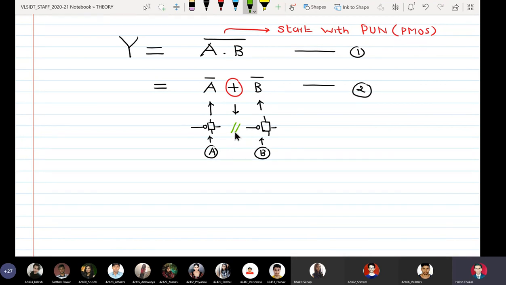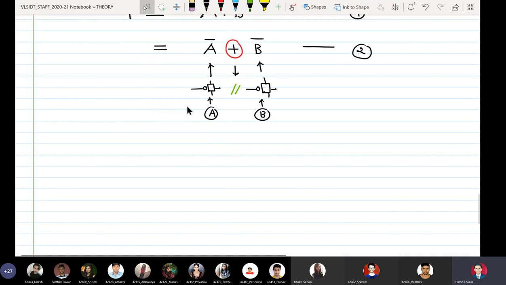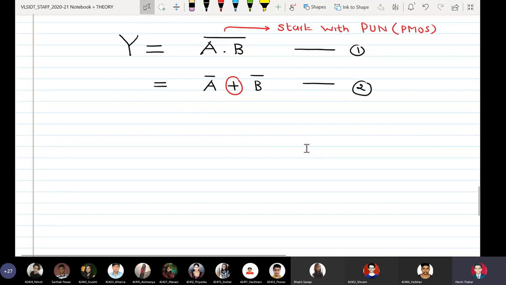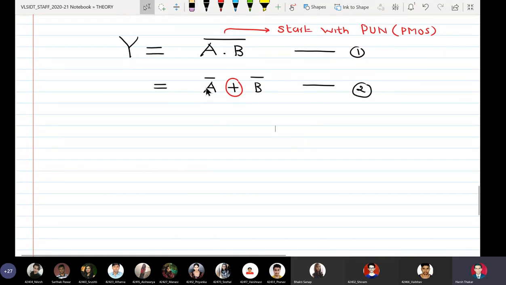Now if I want to directly convert it into a notation, I assume that this PMOS is P1 and this PMOS is P2. That is why I can read it as P1 parallel P2. I will rewrite it in a different way. It is natural that I need A bar and B bar, so I need two P channel MOSFETs.